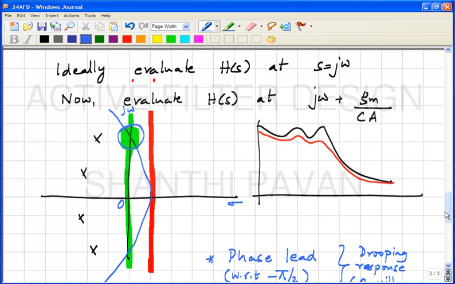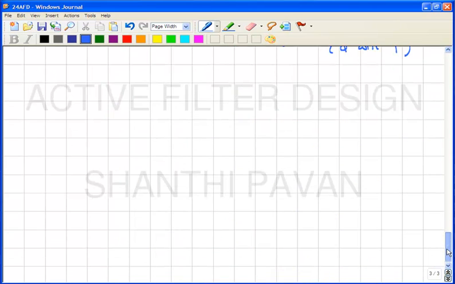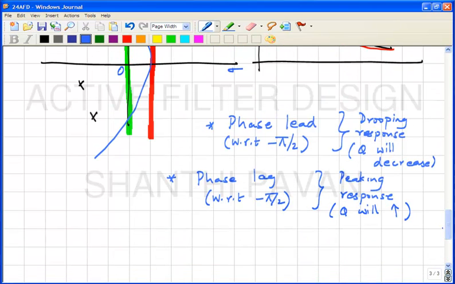Okay, so this completes all that I had to say on block level aspects of transconductor capacitor filters. Okay, starting Monday, we'll attempt to start looking at transistor based realizations of transconductors.